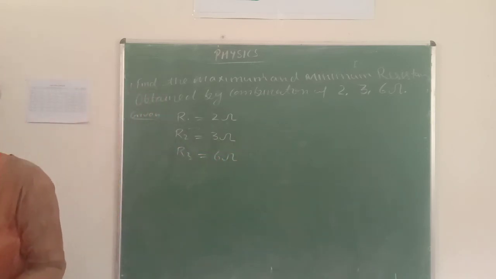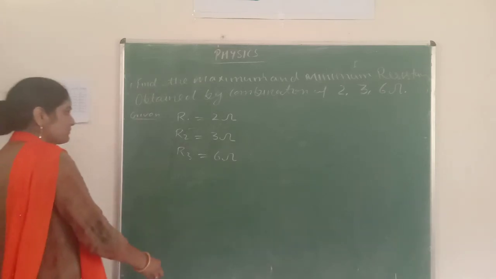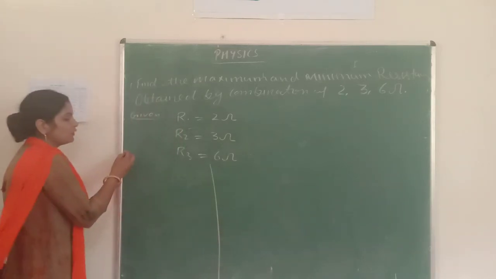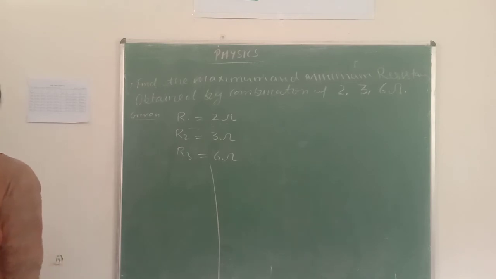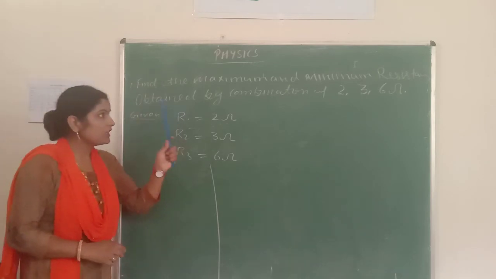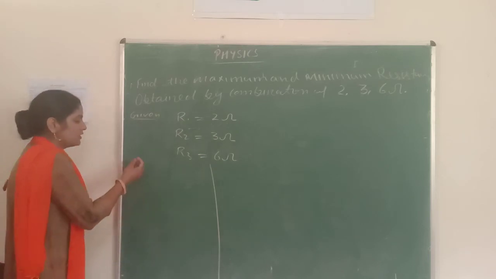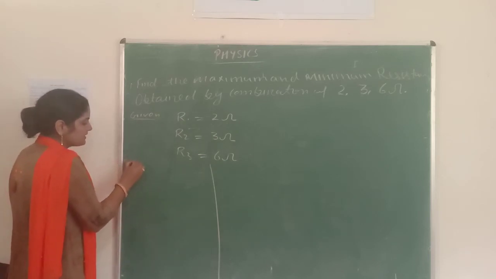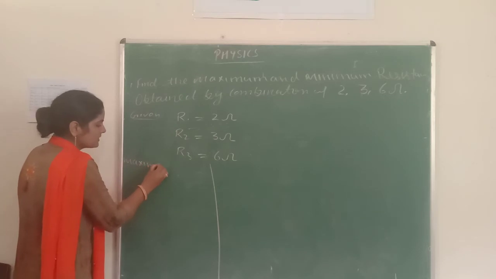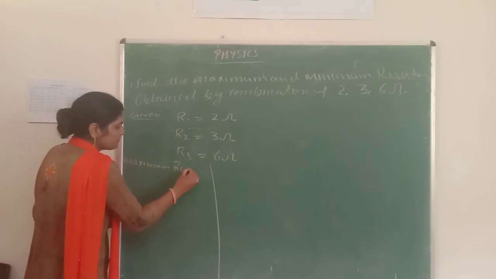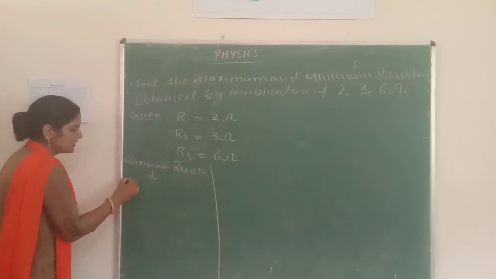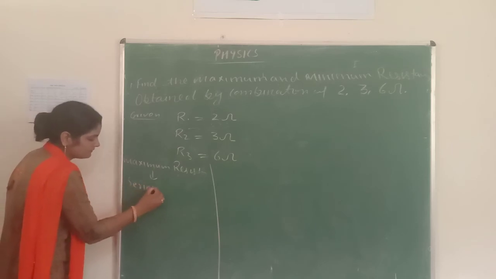Students, we have to calculate the maximum and minimum resistance which can be obtained by this combination. For calculating maximum resistance, you have to follow series combination, and for minimum resistance, we have to follow parallel combination. So I will write here that maximum resistance means series combination.